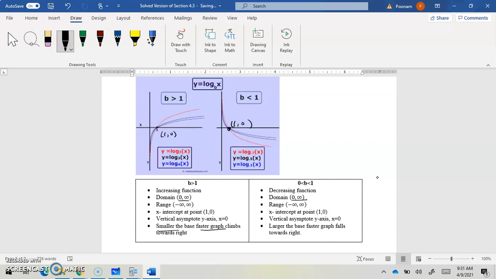So you see here, the red curve is the log of base 2. The black curve is log of base 3. So smaller the base, it is climbing faster. It is reversing as in the exponential function. Similarly, on the other hand, when base is less than 1, larger the base, faster graph falls towards right. Falls meaning decrease towards right.